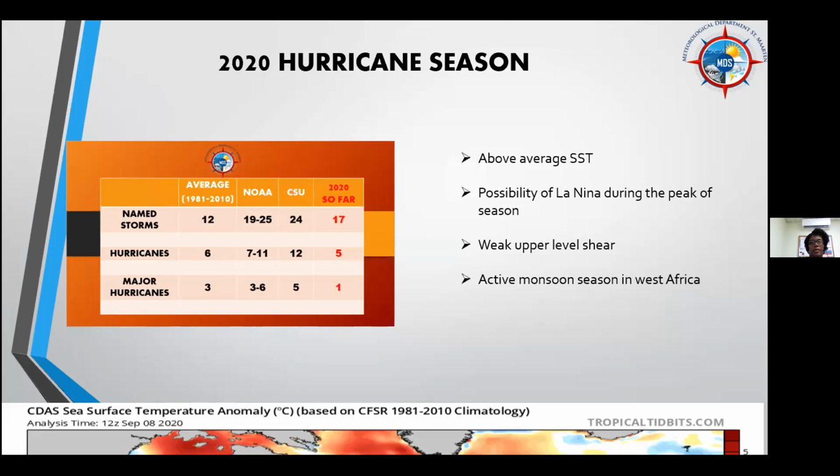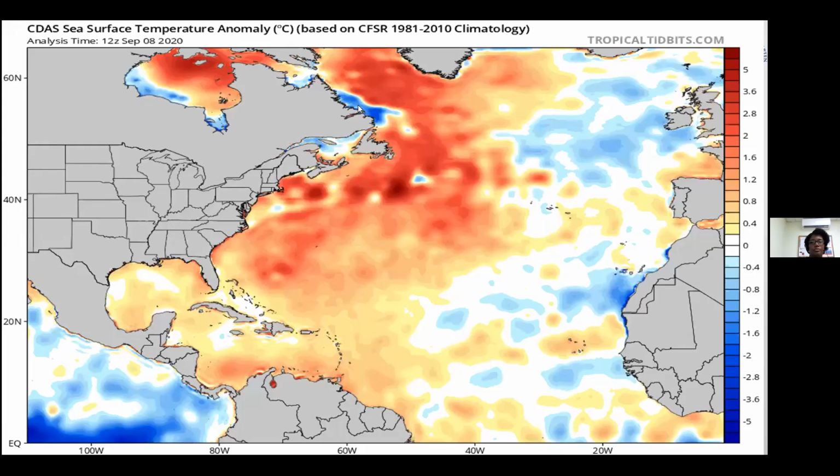This is the average temperatures over the Eastern Caribbean and the Atlantic. You can see the reds where we have the warmest above normal areas. In our area it is above normal, about 0.8 to 1.2, but it's above normal anyway.